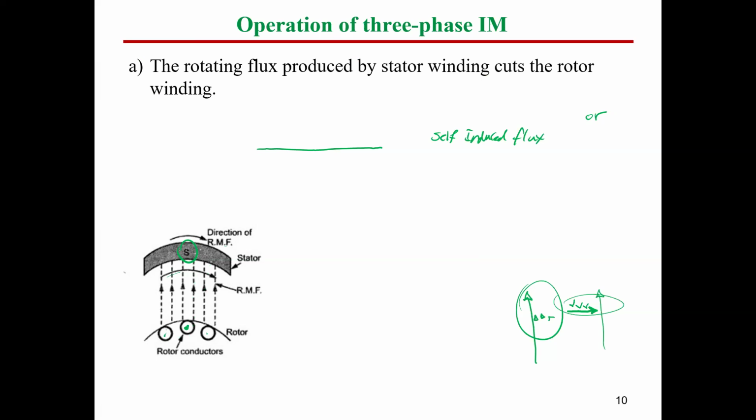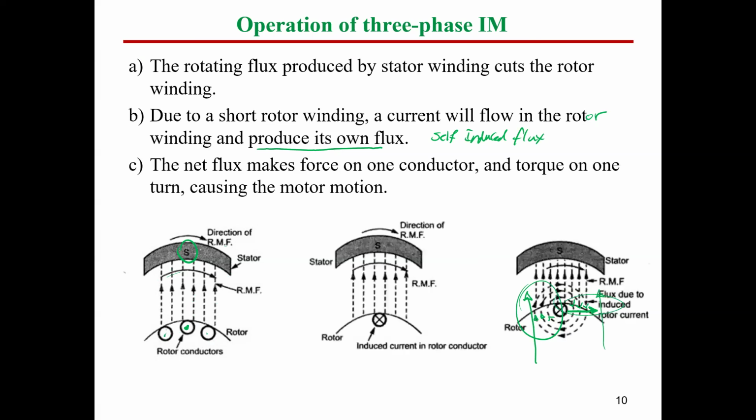So the cutting speed is the difference between the stator flux and the rotor motion. If the rotor is rotating with the same speed, the cutting speed will be zero, which means zero induced voltage will appear. So this means, guys, the induction is going to stop. The machine is going to stop because the generated voltage became zero.